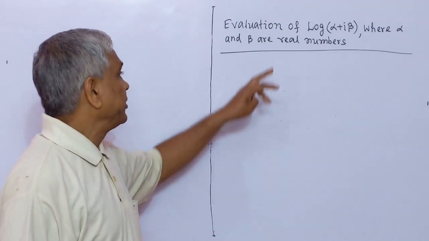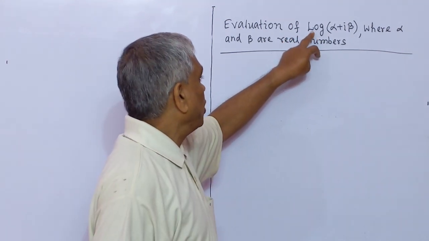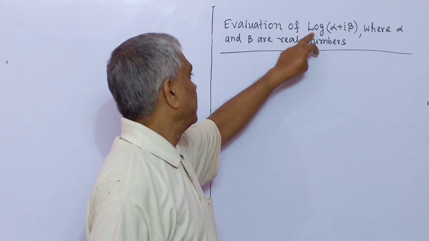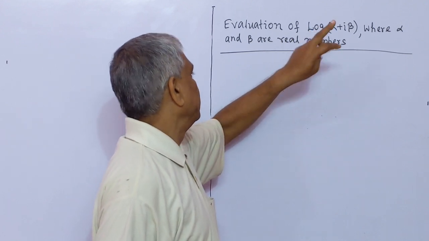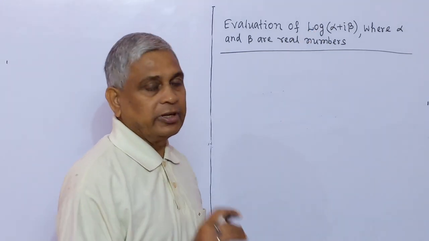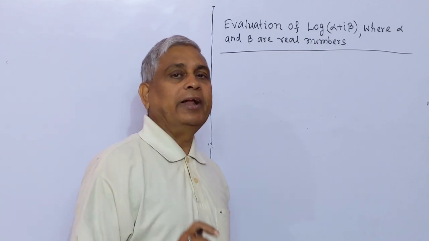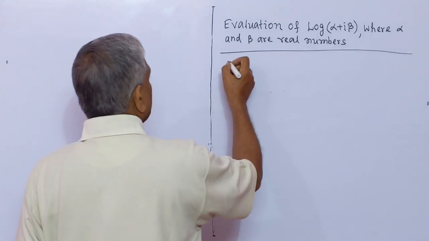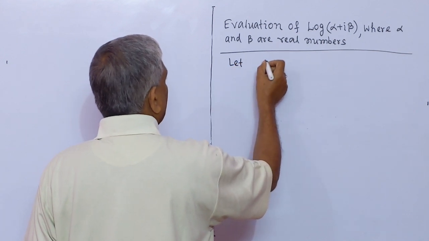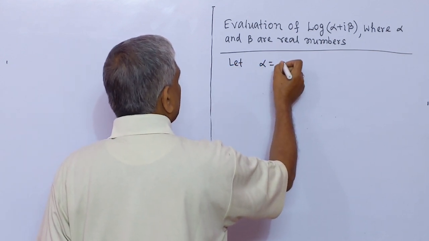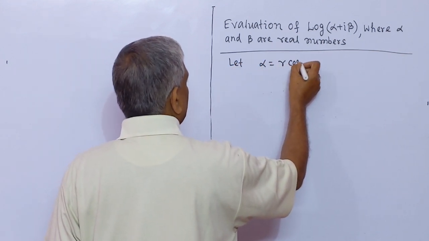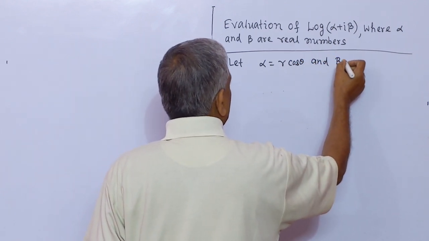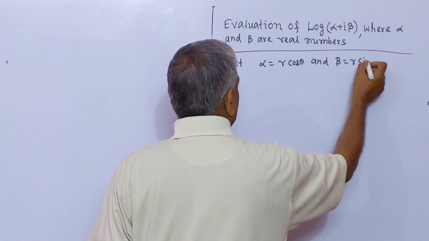Now we evaluate Log alpha plus i beta, here capital LOG, where alpha and beta are real numbers. Let alpha equal to r cos theta and beta equal to r sin theta.